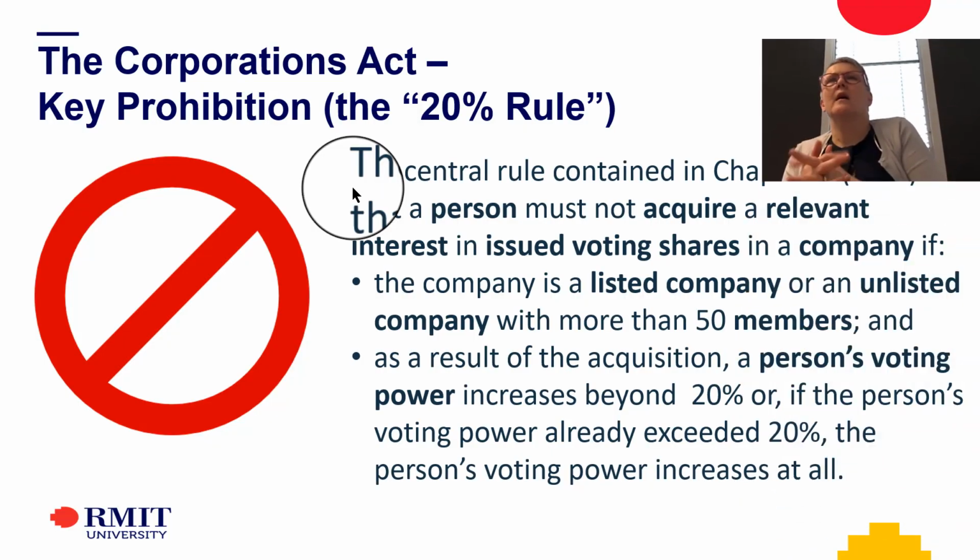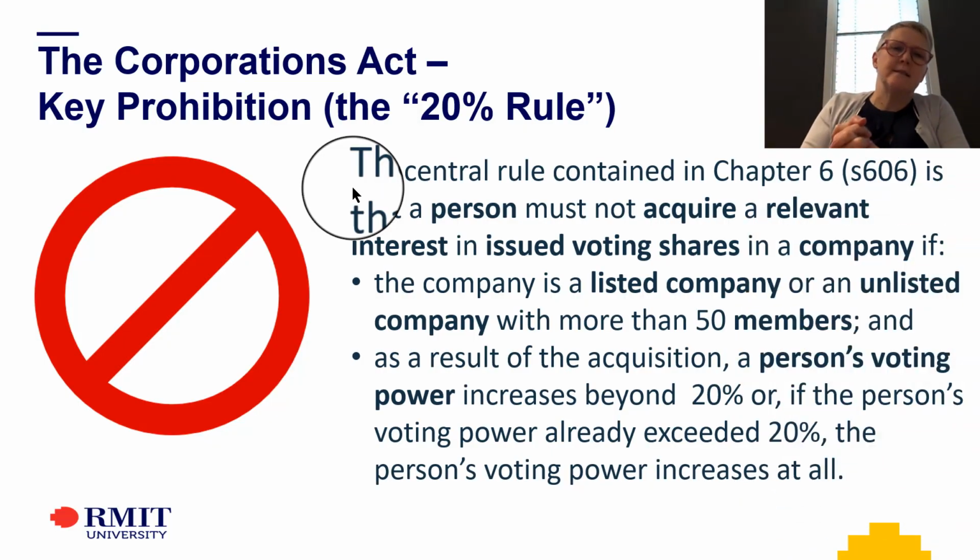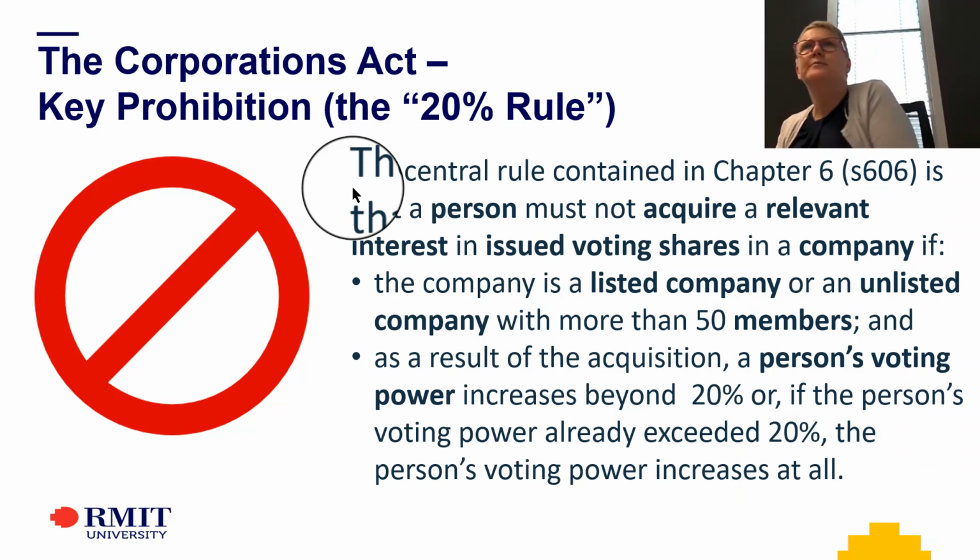So, prohibition generally, so 606, this is finally what I was looking for. This is where we start. There are two parts to the rule in 606.